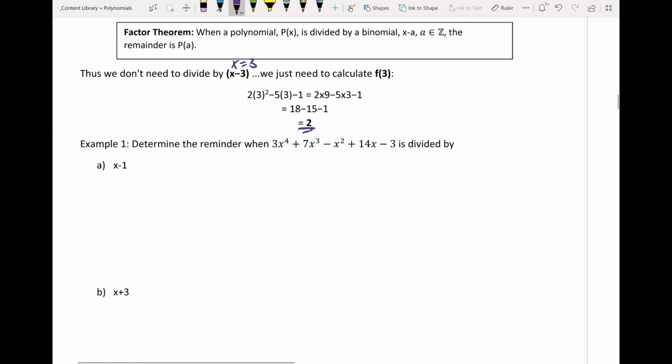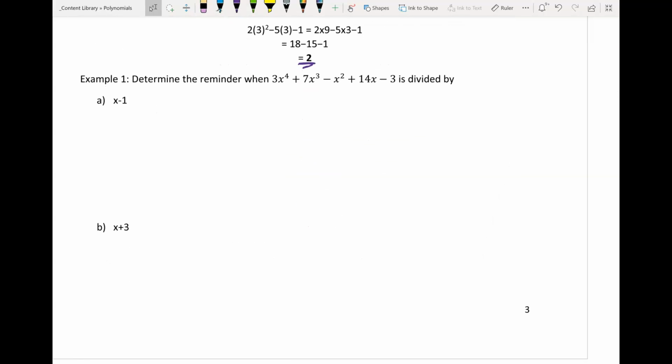So let's try this with an example. Example 1. We just want to find out the remainder when this large polynomial is divided by x minus 1. So that means I'm going to plug in x equals 1 into our polynomial, and I'll call this polynomial p of x. So what we want to calculate is p of 1.